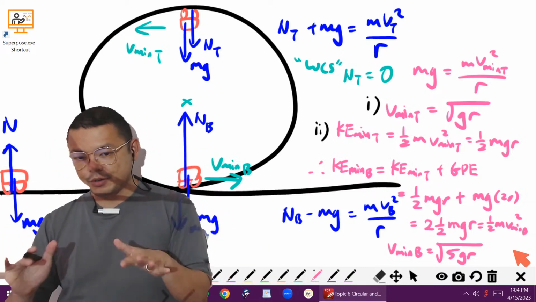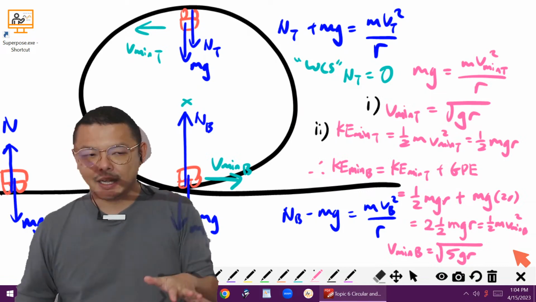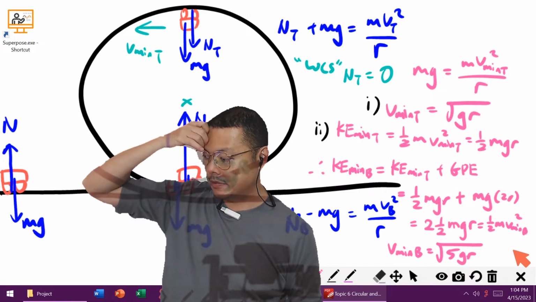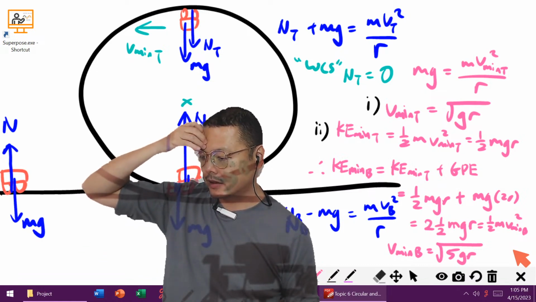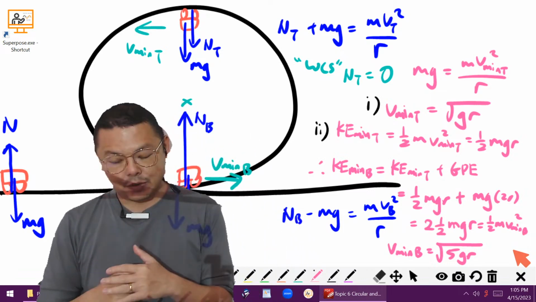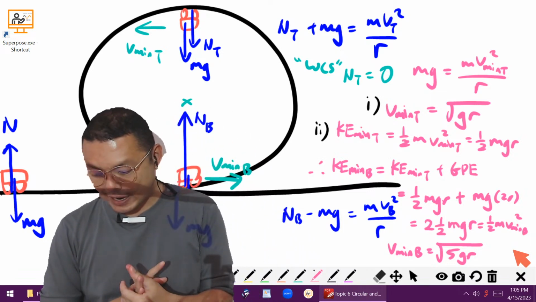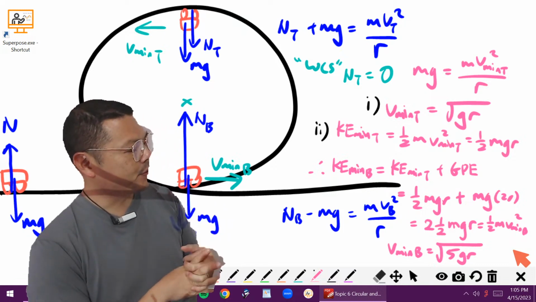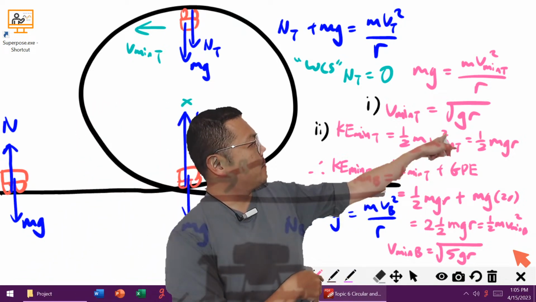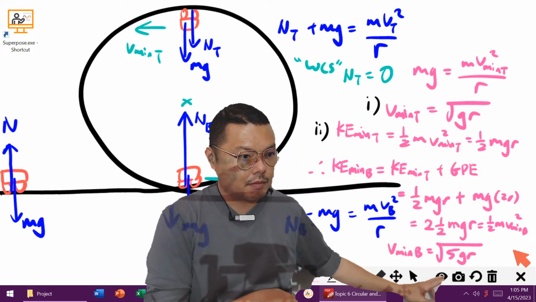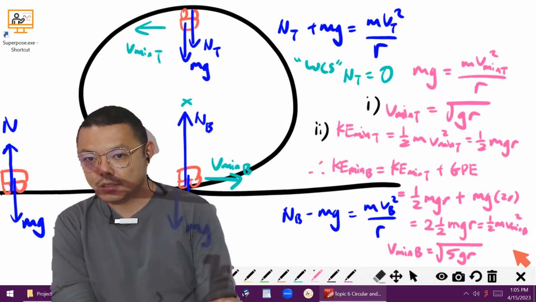The only issue is this. In rare years, like maybe once or twice in the last 6-7 years, I don't know why or how it came to be approved, they have asked students to find the v minimum at the bottom in an MCQ question.